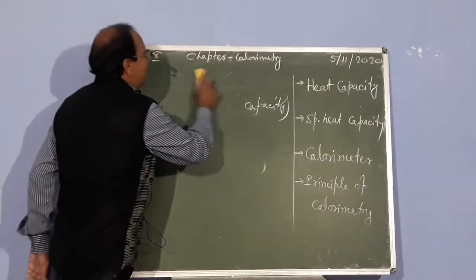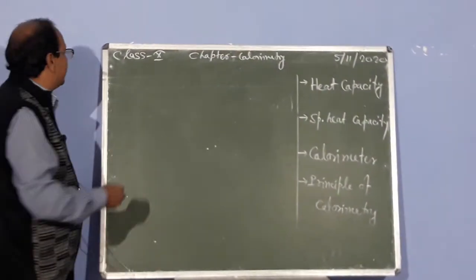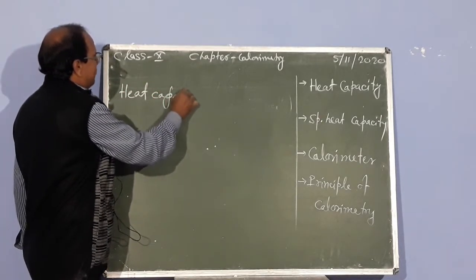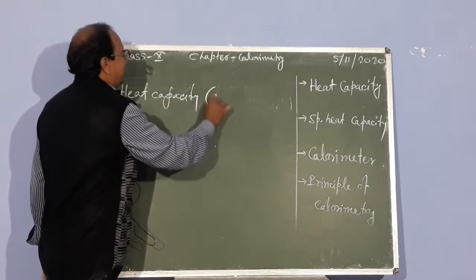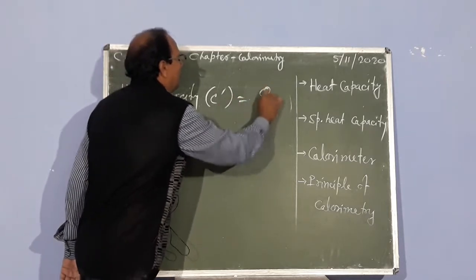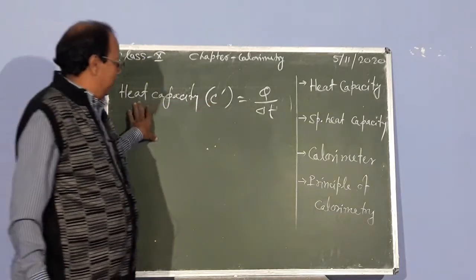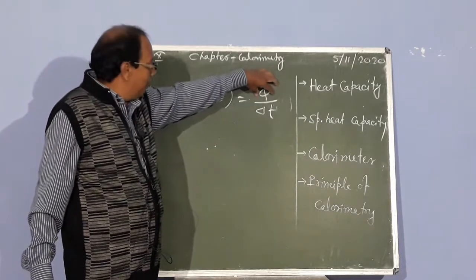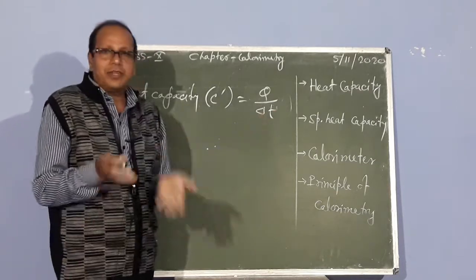Now we will go for the units of heat capacity. Before that, let me discuss heat capacity mathematically. Normally we write C dash equals Q by delta T. Heat capacity C dash is the amount of heat energy absorbed to raise the temperature by delta T, where delta means change of temperature.